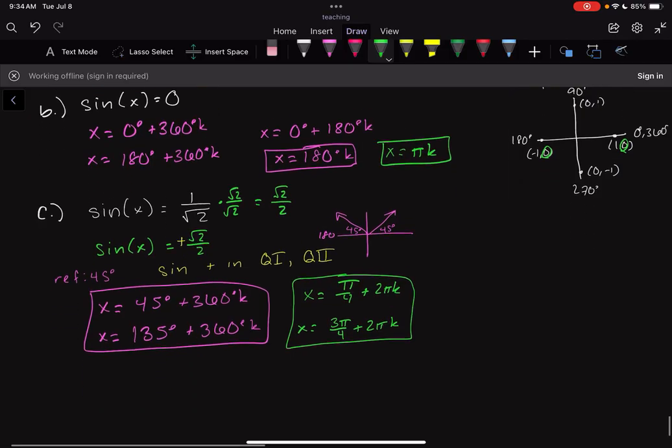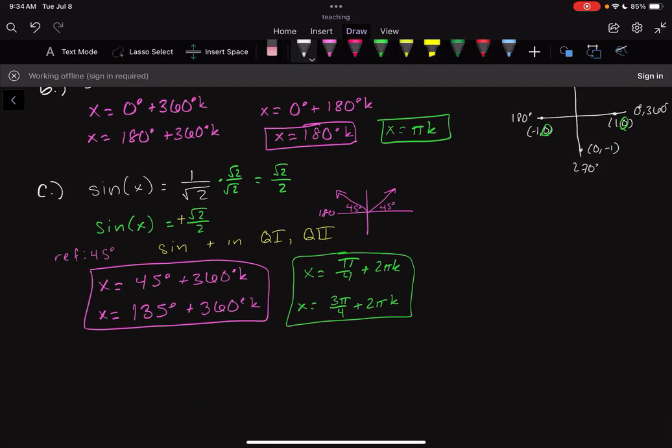Now, just like with cosine, sine does have a general solution. So the general solution for y equals sine x is x equals sine inverse y, and then you've got to remember the 2 pi k.